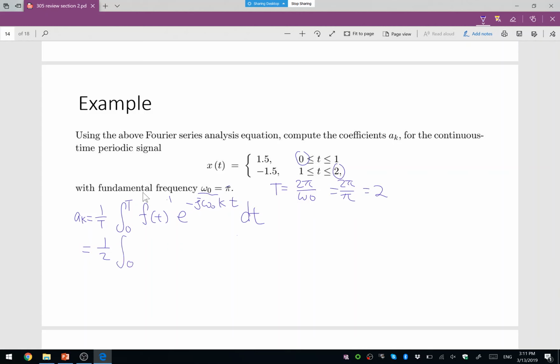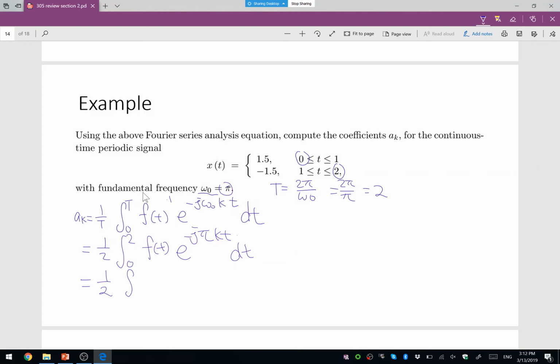This T is 2, so from 0 to 2, f(t) we'll take care of that later, and e to the power minus j, omega 0 is pi here, so it's pi k t dt. And then we want to divide this f(t). Because we know it's piecewise, we break this integral into two parts.